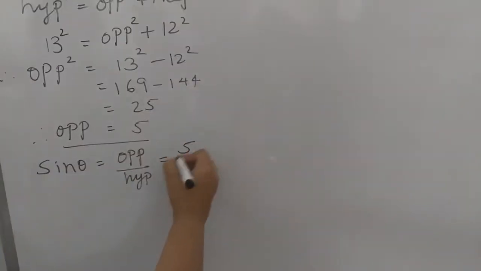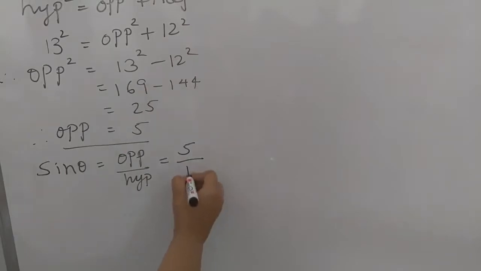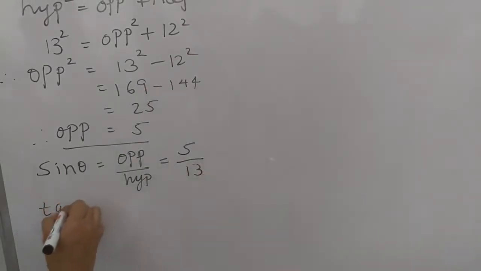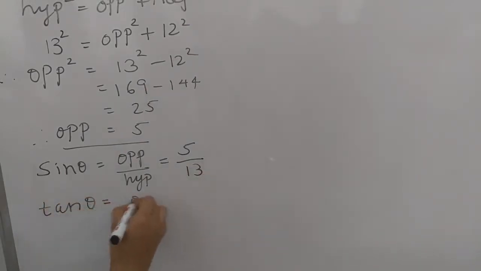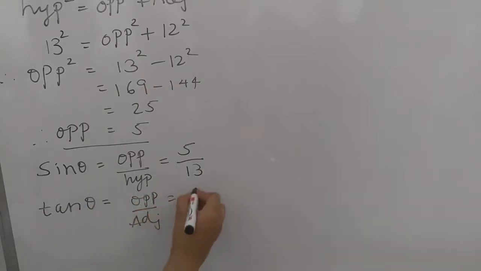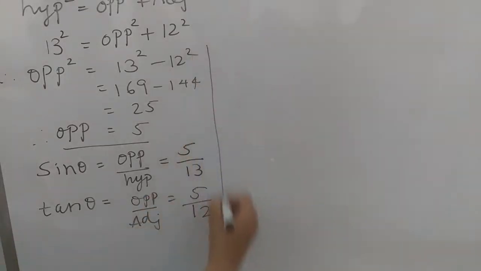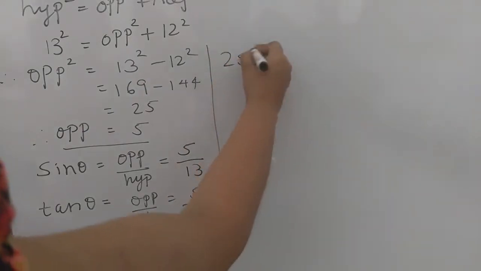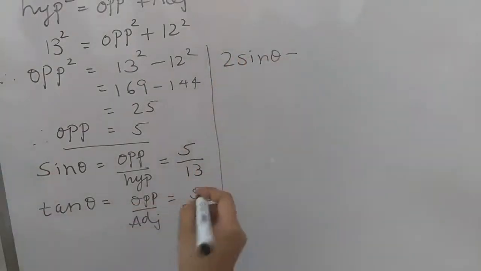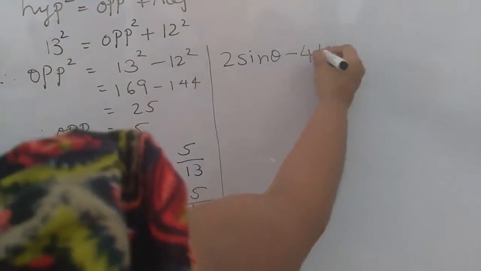Opposite is 5 and hypotenuse is 13. Similarly I write the tan theta value, opposite upon adjacent. So opposite value is 5 and adjacent is 12. Now we will find the required value here, which is given as 2 sine theta minus 4 tan theta, like this.